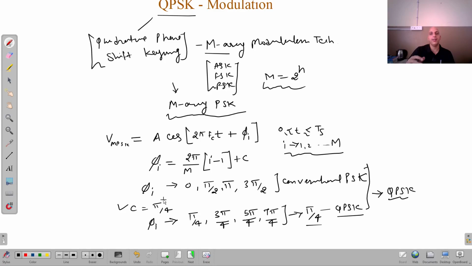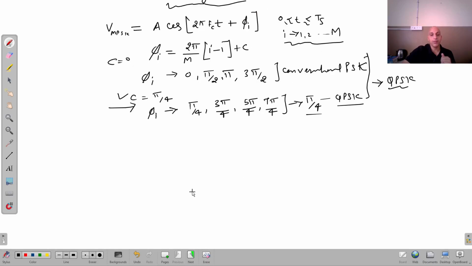So as I explained here, we can have two different QPSK: conventional QPSK, that is when C is equal to 0, right, and pi by 4 QPSK, that is when C is equal to pi by 4, and in that case the phase angles that we are going to use are pi by 4, 3 pi by 4, 5 pi by 4 and 7 pi by 4. So now I'm focusing on this one, right?